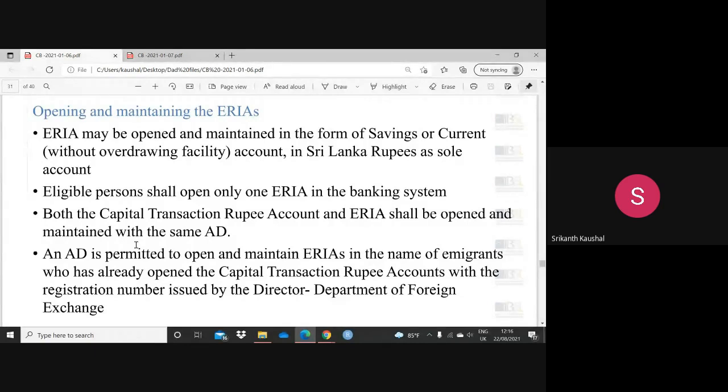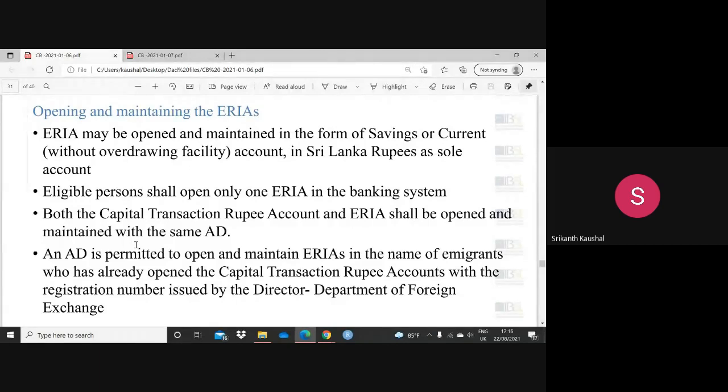If you have already opened a CTRA with a central bank registration number, then with the same number you can open an ERI account, with the same bank. You can't change the bank. It has to be the same bank. So ERI and CTRA have to be opened with the same bank.